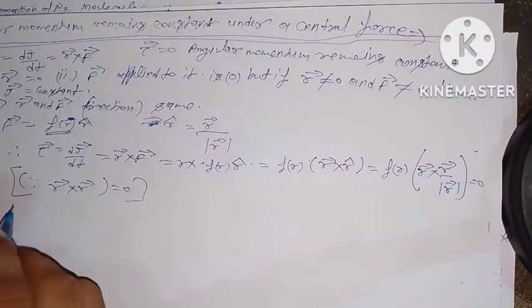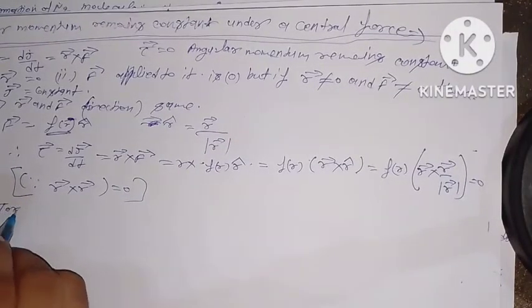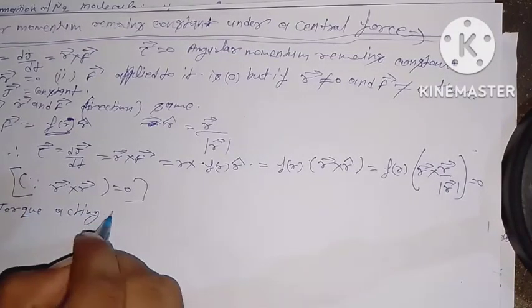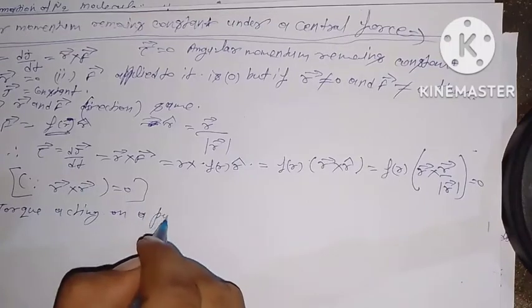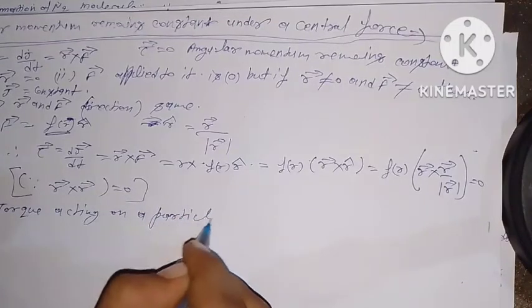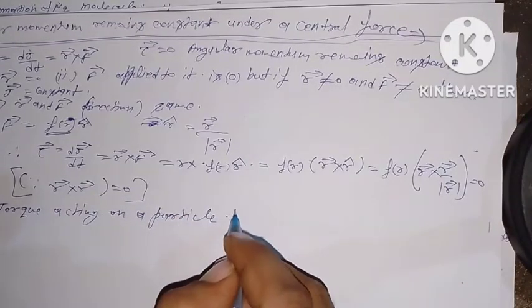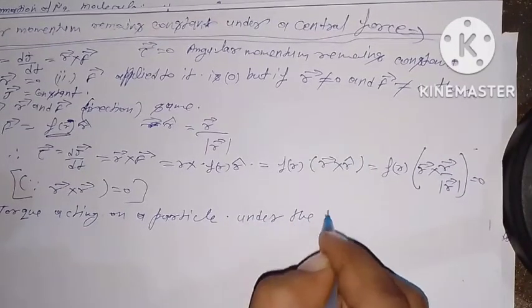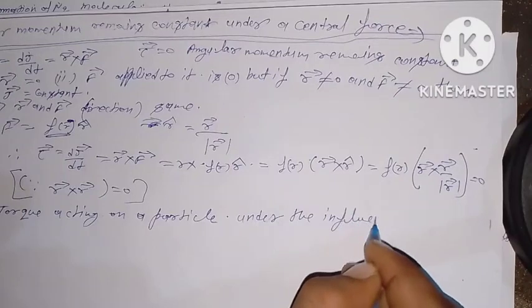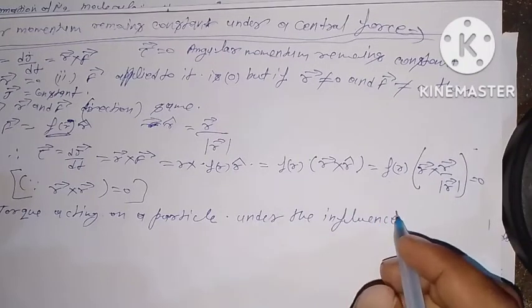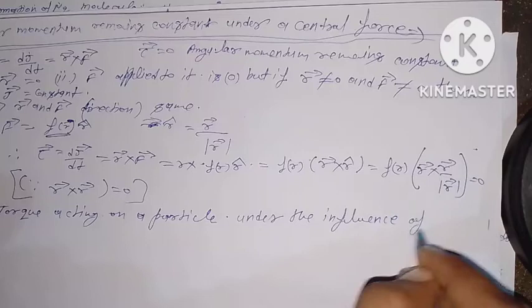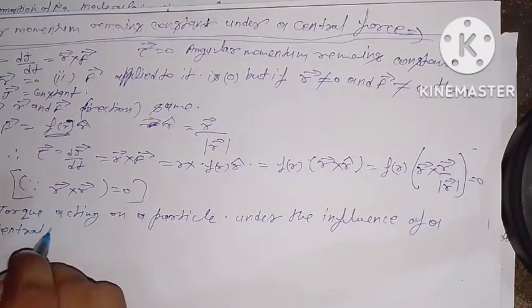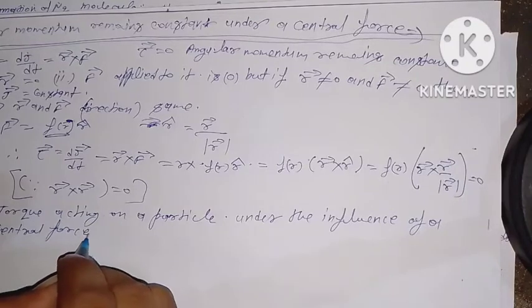So the torque acting on a particle under the influence of a central force is 0.